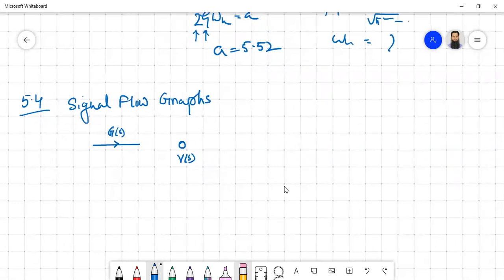So this is a branch, and this is a node.